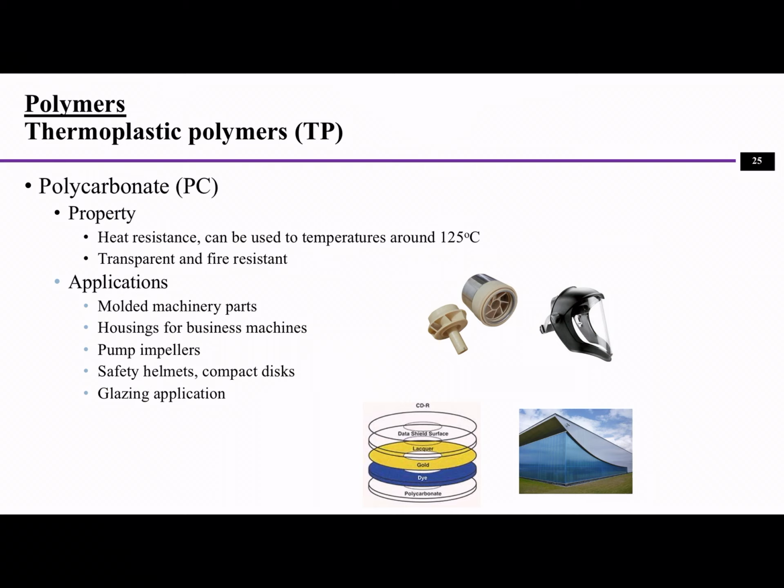Another transparent material is polycarbonate. While both are transparent, polycarbonate actually has higher strength than acrylics. And it also has really good heat resistance. It can be used at temperatures around 125 degrees. All right.